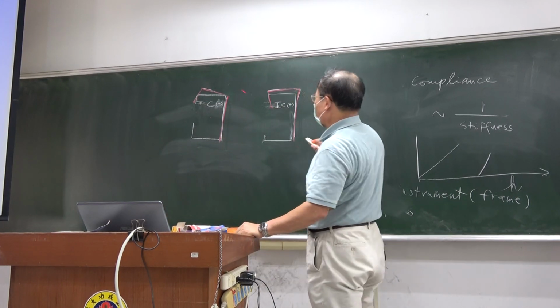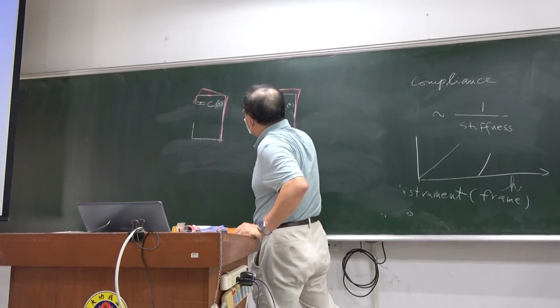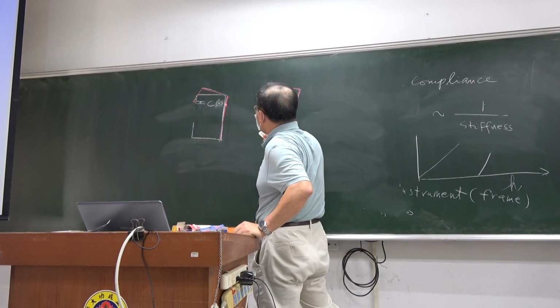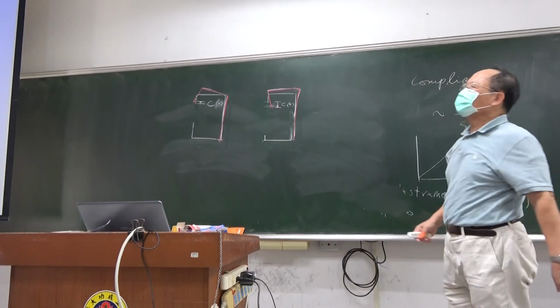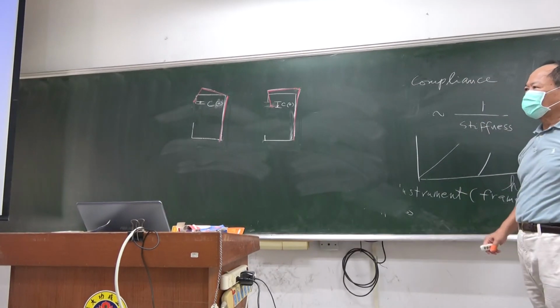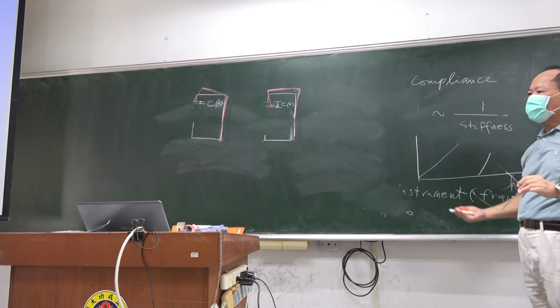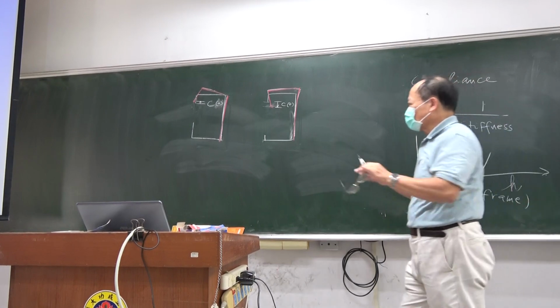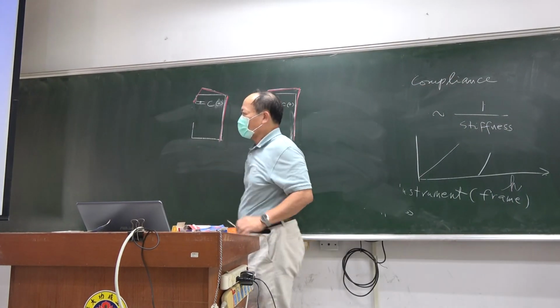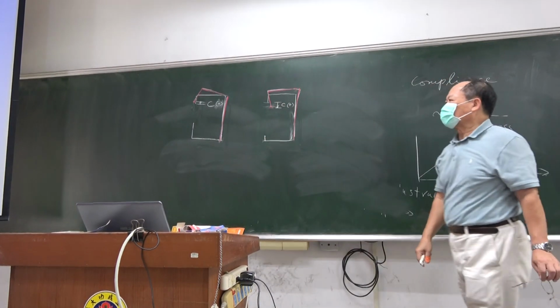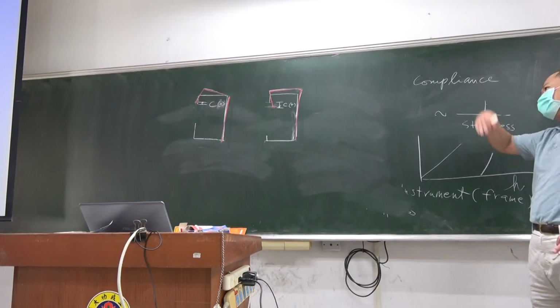Here they have two cases. The white one shows the instrument without any deformation. It means the structure is at high stiffness. 这个结构没有任何变形。And then the red one shows the frame has the deflection.